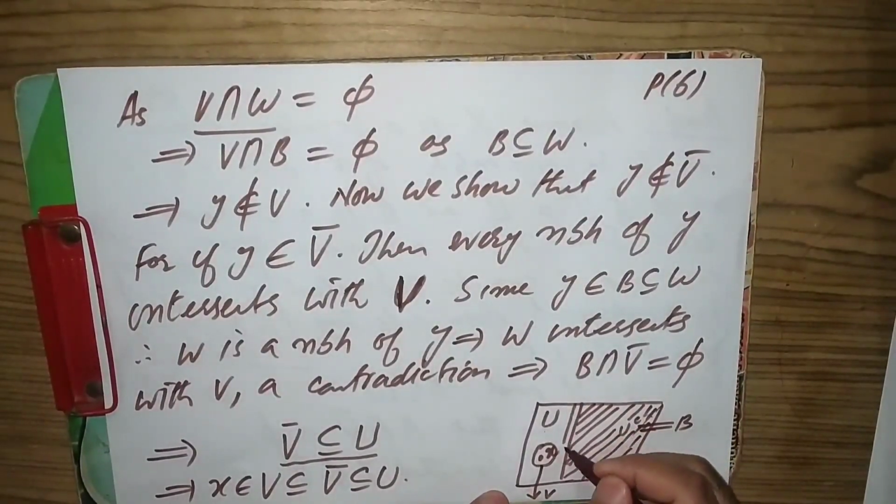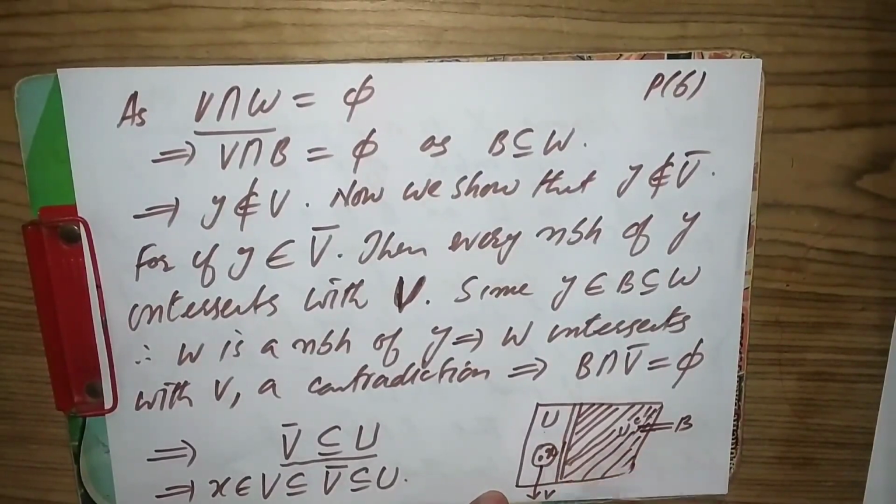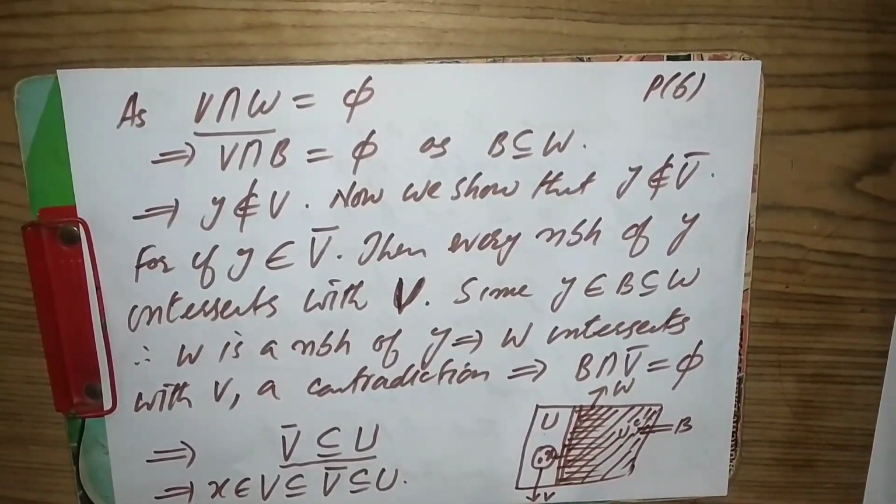It is bigger than V. This whole is W. V and W are disjoint sets. V contains X and W contains B.